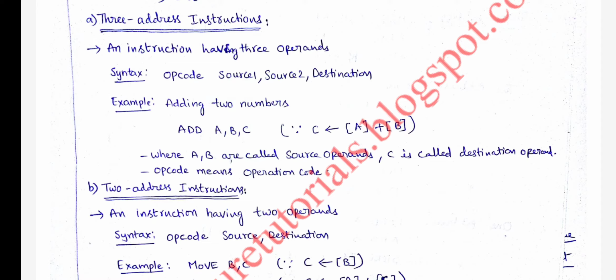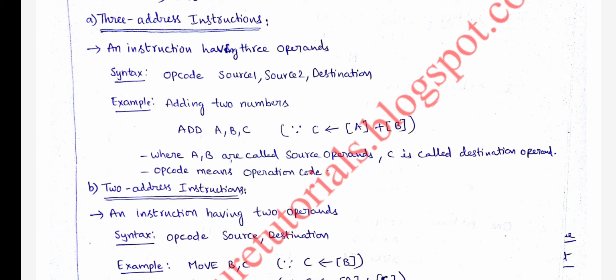C is called the destination operand, right? Opcode means operational code. This is about three address instruction format. In three address instruction format, we have three operands, right? Opcode, source 1, source 2, and destination.